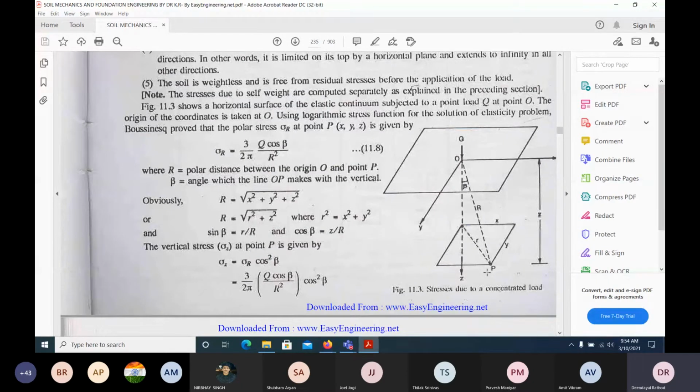How much away? x, y, and z coordinates away from that. Understand? So Boussinesq has given this particular equation.